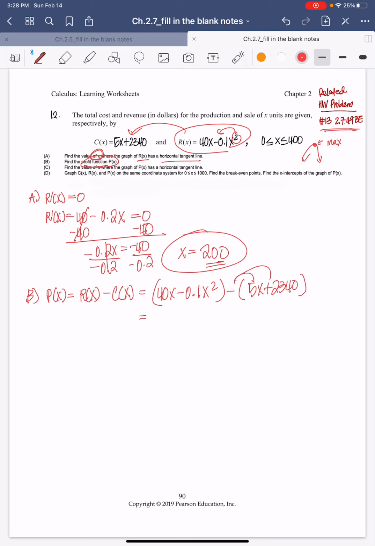So just distributing the negative: 40x minus 0.1x squared minus 5x minus 2,340. So rewriting, negative 0.1x squared, 40x minus 5x, positive 35x, minus 2,340. And that will be my profit function.